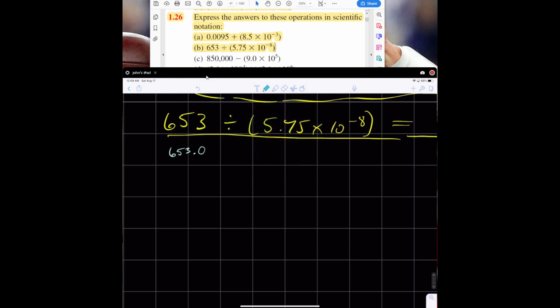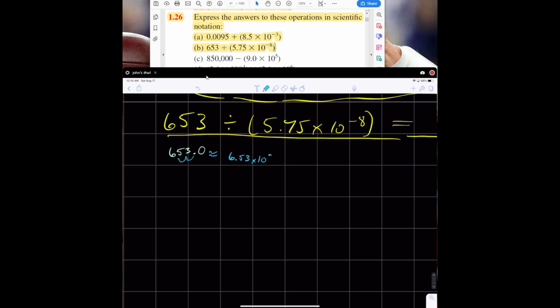Now, since we're going to move the decimal point in original form over to the left 2 spaces, we now have 6.53. And if we're going to complete the standard form of scientific notation, we have times 10. And what's our n?